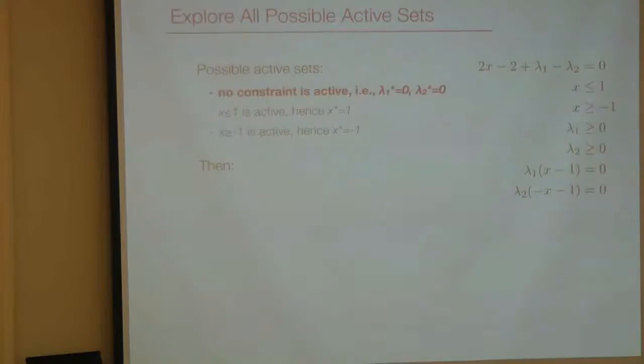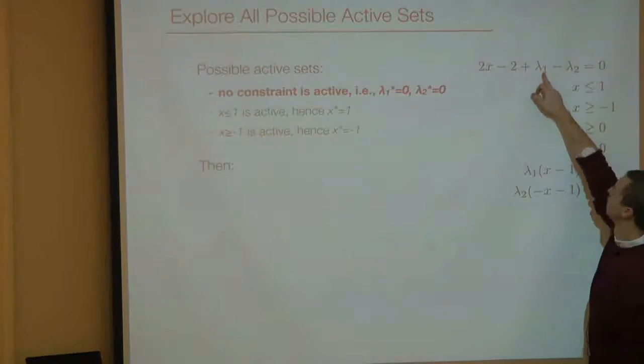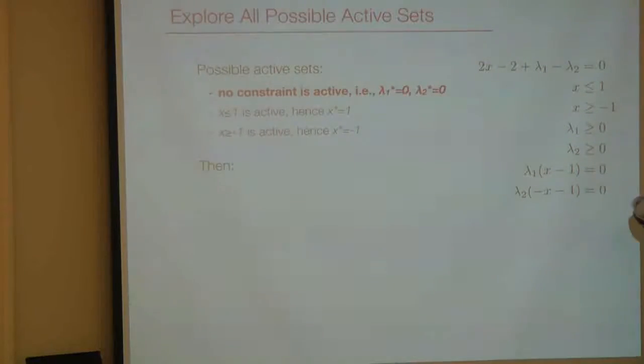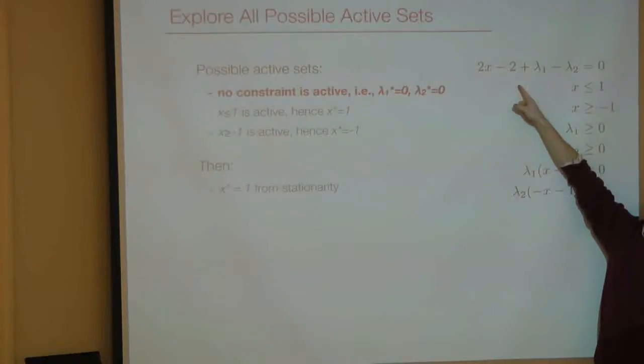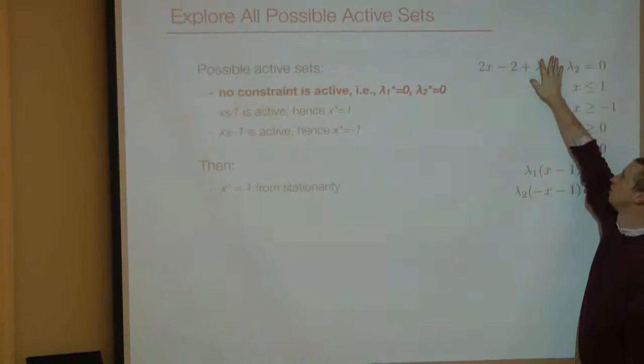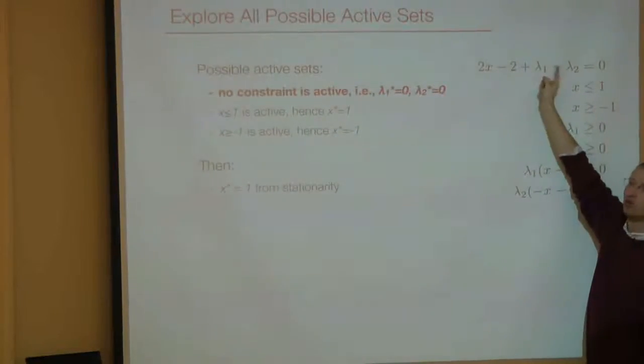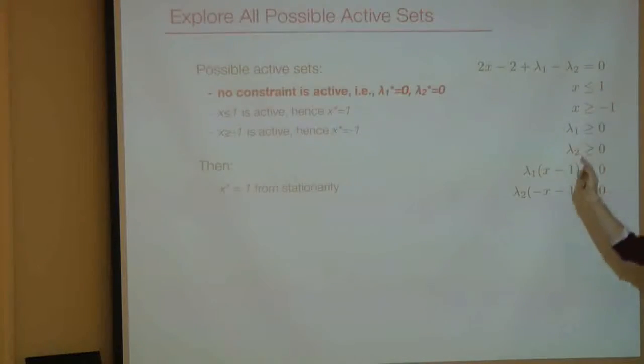So let us do that. Let us first consider scenario number 1. What can we deduce here? First we are assuming that lambdas are 0, so all the lambdas would be 0. If they are 0, then the optimum x from the stationarity condition is trivially equal to +1, because this goes away, minus 2 goes there, 2x is equal to 2, x is equal to 1.